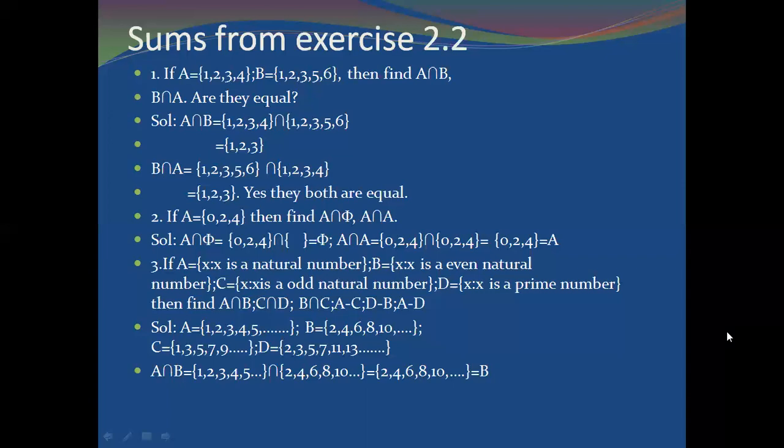First you must write all these set builder forms into roster forms and then you have to find the given ones, that is A intersection B, C intersection D, etc.